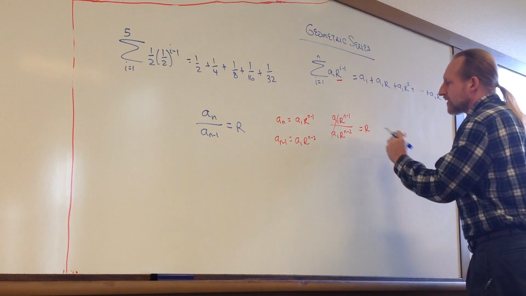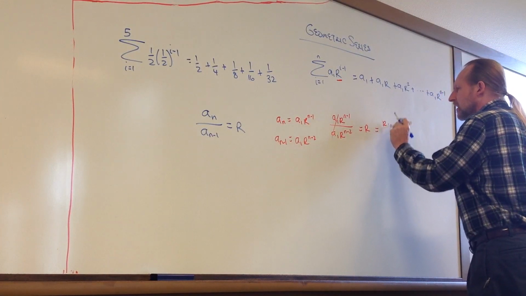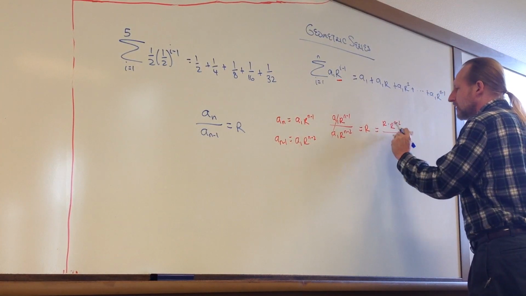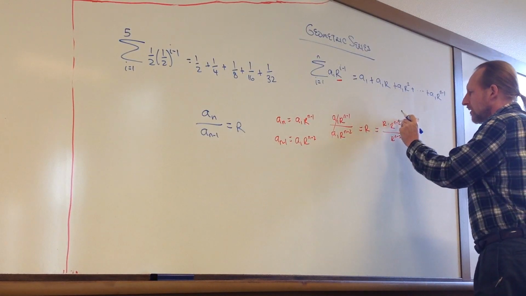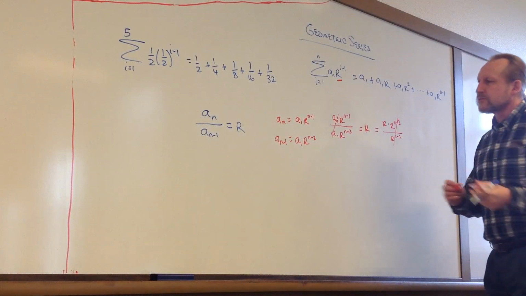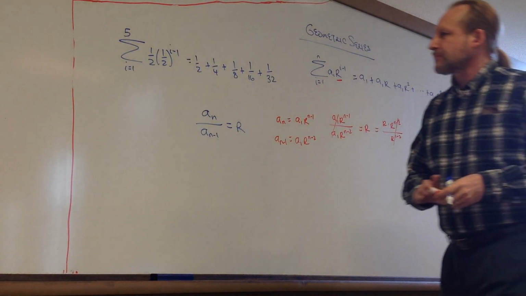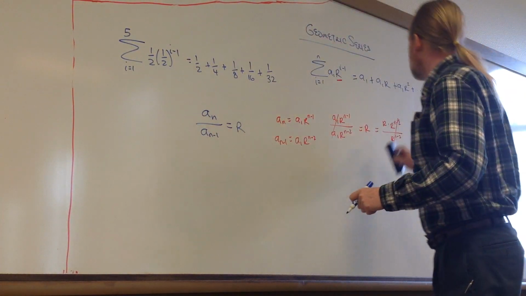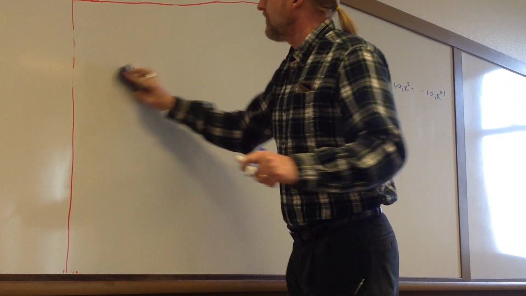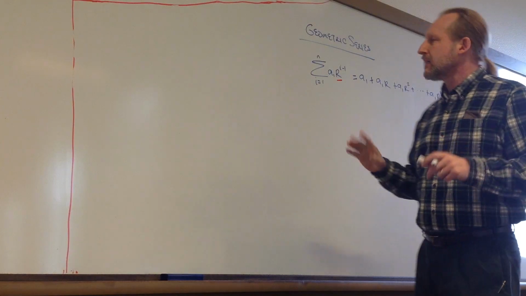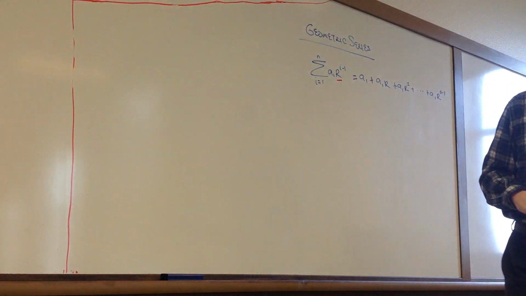If you think about it, you can pull out an r from the r to the n minus 1, and then these will just cancel each other out. So, in any event, that's a geometric series. And like I said, its defining feature is that idea of the constant ratio, the value of r.